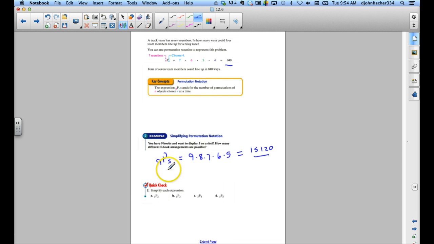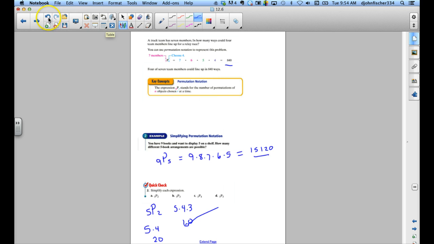So down here now, if we look at this problem, this first one is 5P2. That means we're going to start at 5 and take the next 2 numbers, so 5 times 4, which means we're going to have 20 different possibilities. The next number is 5P3. So we're going to take 5, 4, take the next 3 numbers, 5 times 4 times 3, which is equal to 60.